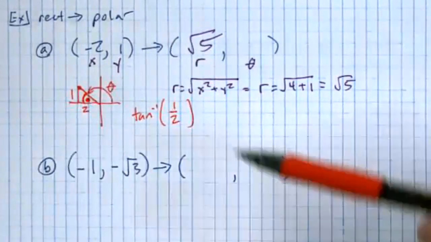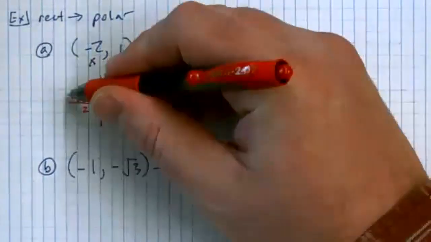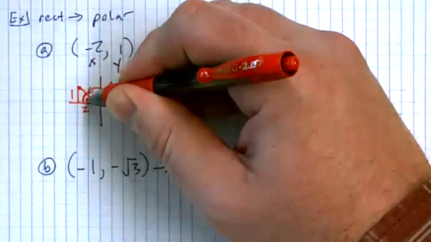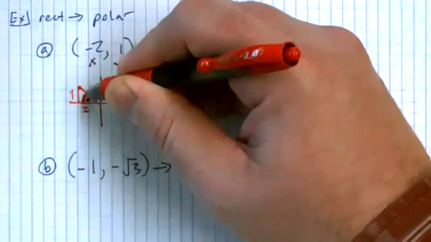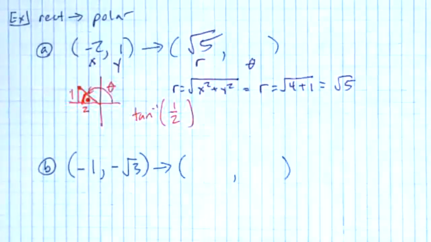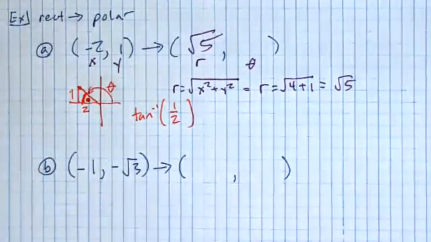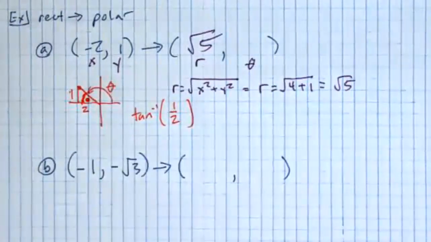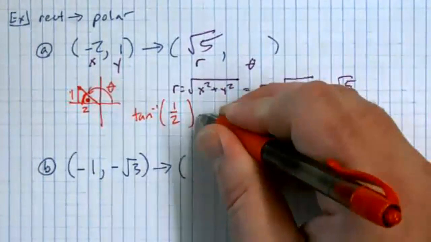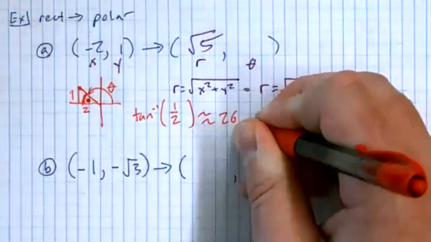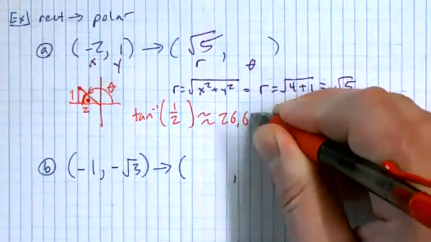Okay, so when I'm doing inverse tangent of 1 over 2, I'm looking at this angle here. Opposite over adjacent would be 1 over 2. I punch that in my calculator, making sure I'm in degree mode. Gives me about 26.6 degrees.